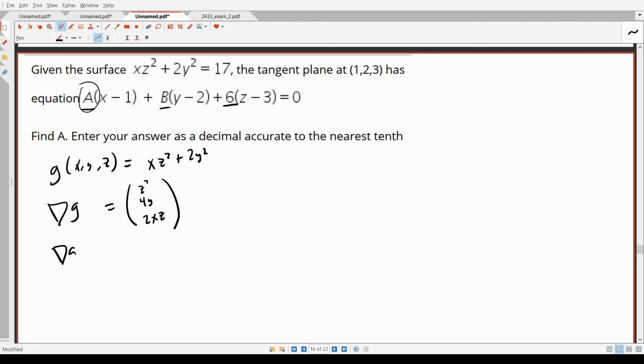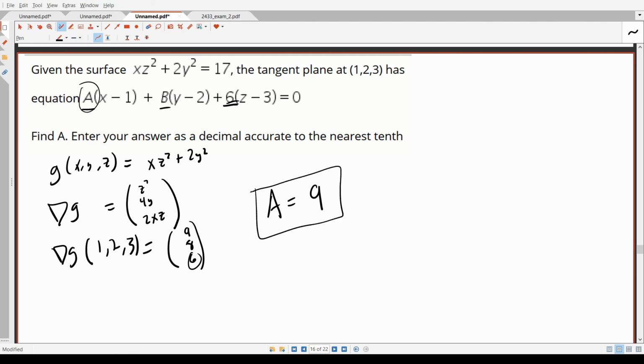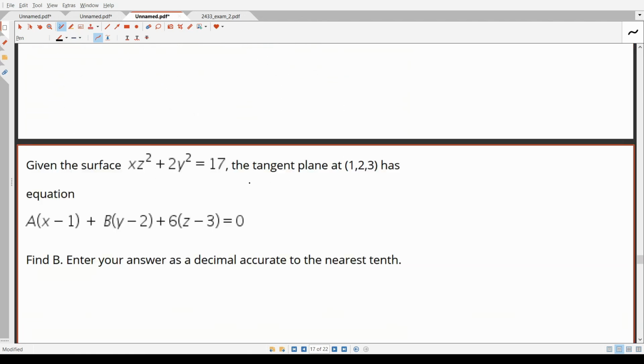Okay, so gradient of g at 1, 2, 3 is going to be 9, 8, and 6. Okay, so we know this lines up, right? The 6 lines up with the 6. We're on the right path. So A is going to be equal to 9. And that's my answer.